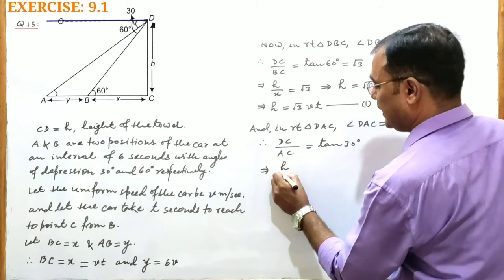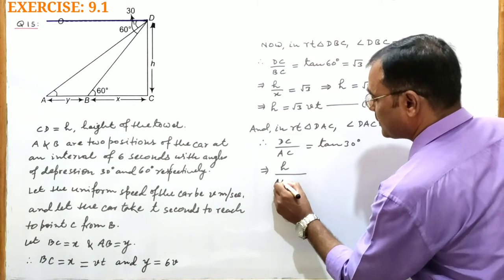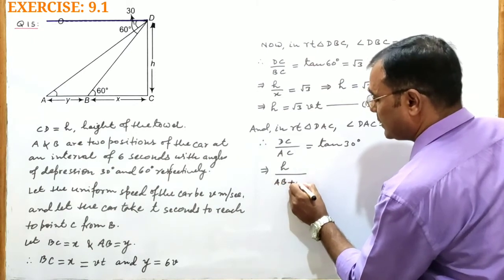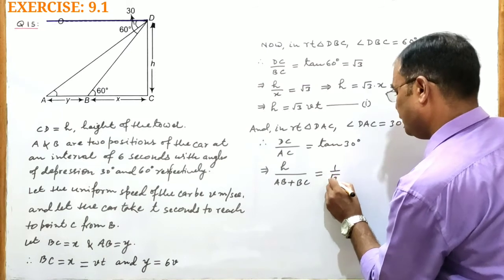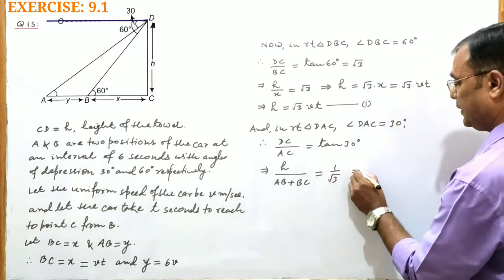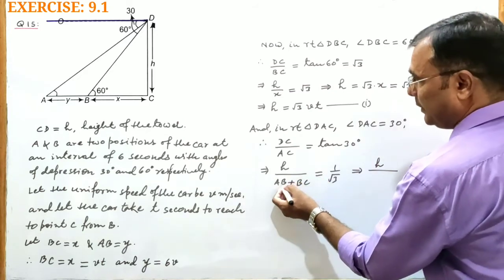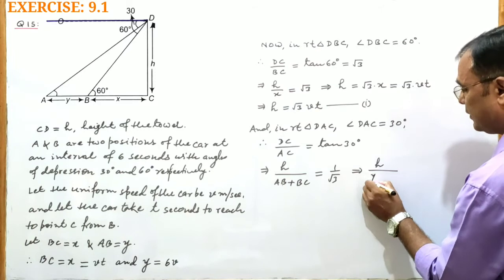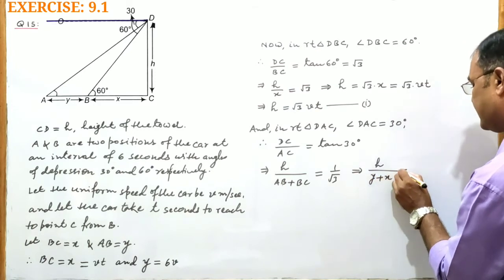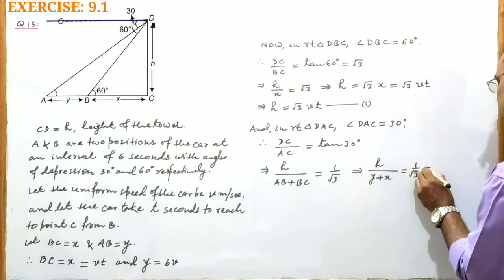DC we have taken h, AC we can write AB plus BC, equal to 1 by root 3, and this implies h by AB is y, BC is x. So h by y plus x is equal to 1 by root 3.